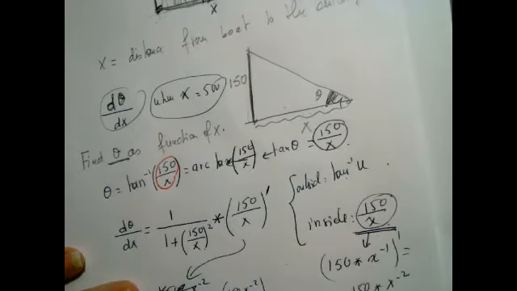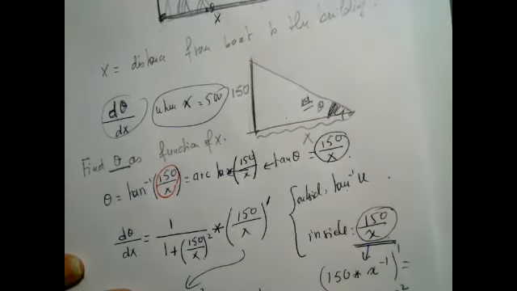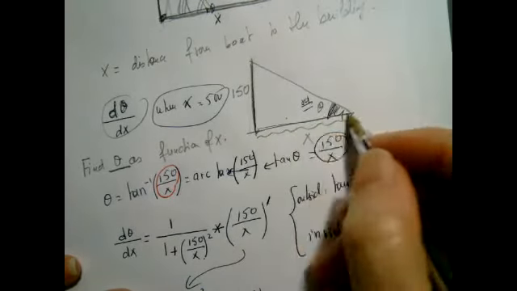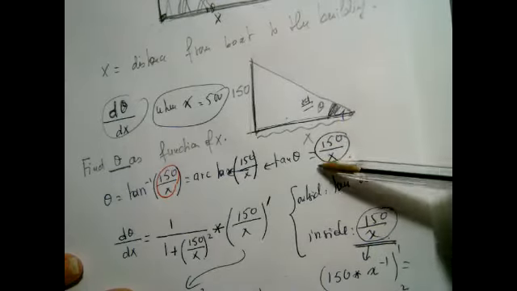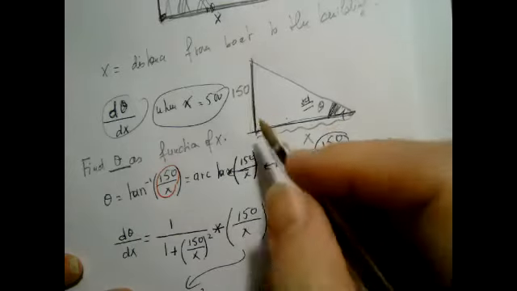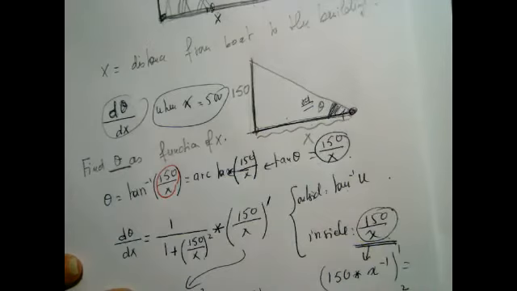Degrees? No. We don't work in degrees in calculus. Radian. That's radian. What's the unit of x? That's the only way we can figure out the unit of the derivative. What's the unit of x? x is how far the boat is from the building. So what could be a logical unit?